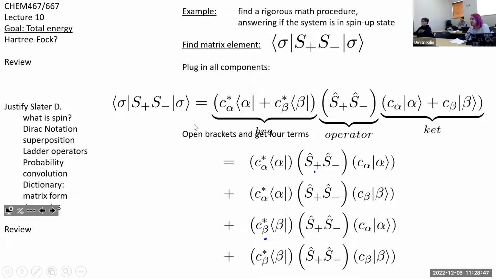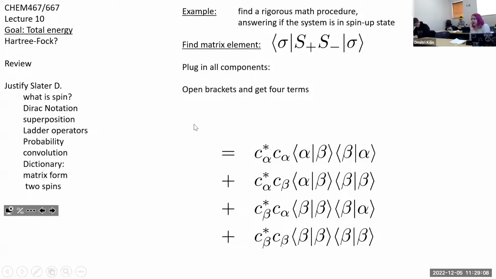Now, if we want to go further, we need to use the dictionary and replace these abstract algebraic operators by their dyadic Dirac notation, right?